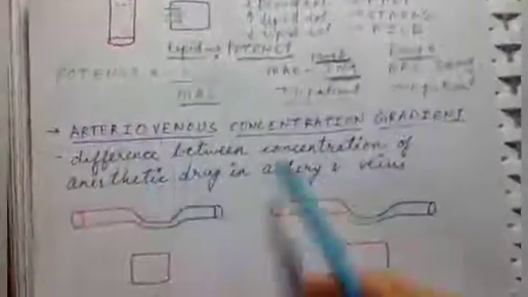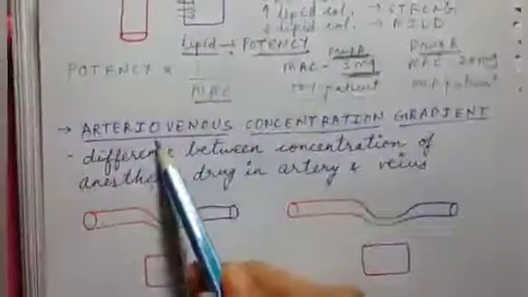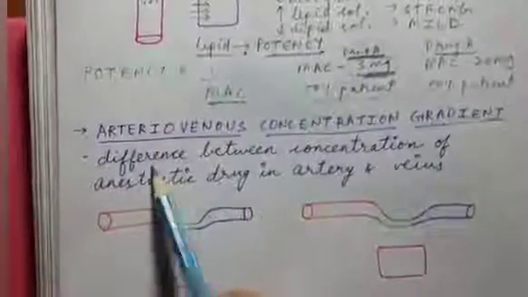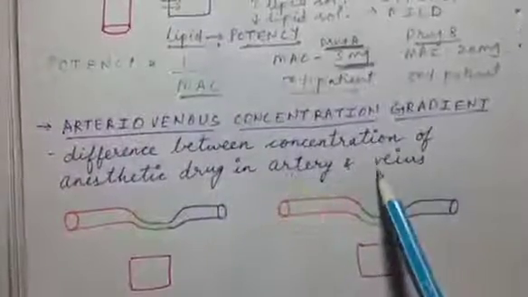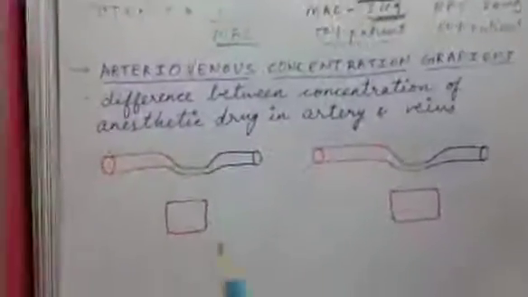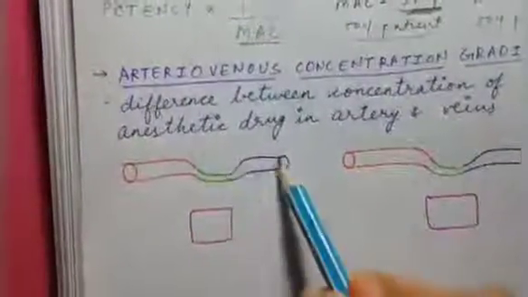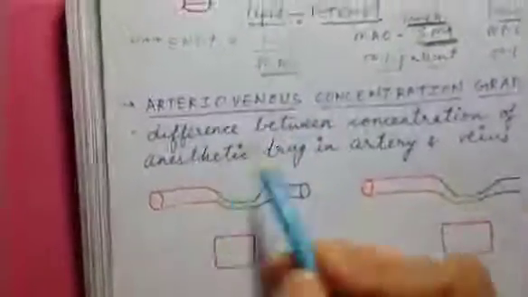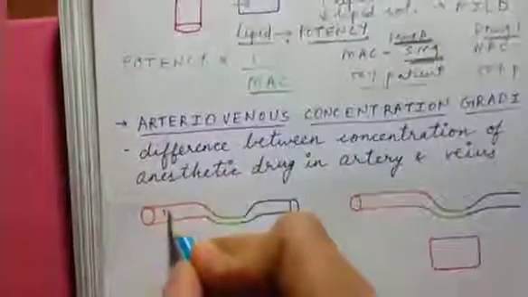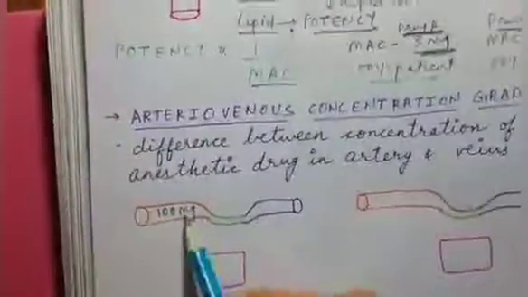Now, the next main property is arteriovenous concentration gradient. What is arteriovenous concentration gradient? It is the difference between the concentration of anesthetic drug in the artery and the vein. Let's try to understand. This orange part here is the artery, the green one here is the capillary, this is the vein, and this is the tissue. Let's say the concentration of the anesthetic on the arterial side is 100 milligram, again fake units, just for understanding.